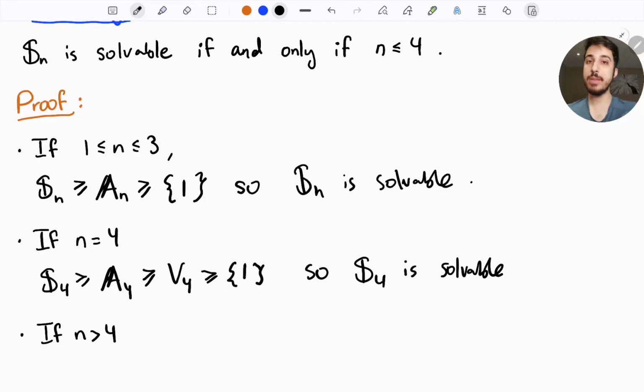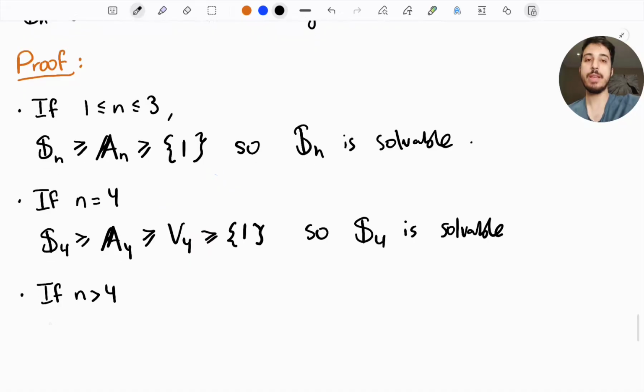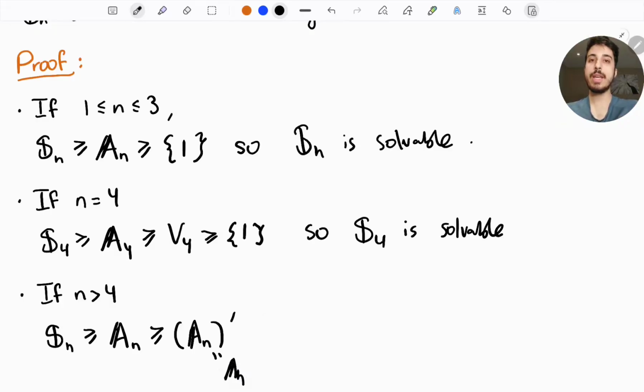If n is strictly bigger than 4, we want to show that it is not solvable. If we start with Sn, we take the commutator subgroup, we get An, and because the last proposition told us that the commutator subgroup of An is just An, we just get back An no matter how many times we take the commutator subgroup.